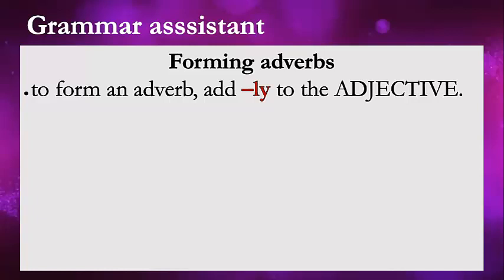But the word quickly here describes what? Ali or runs? Not Ali. Quickly describes the word runs, the action. The adverb is used to describe the action, not the subject, not the noun, not the pronoun.